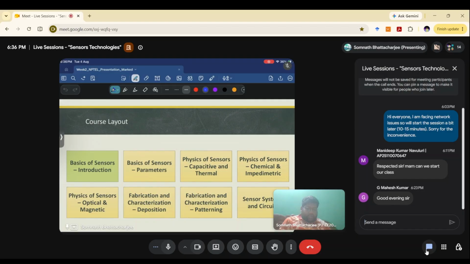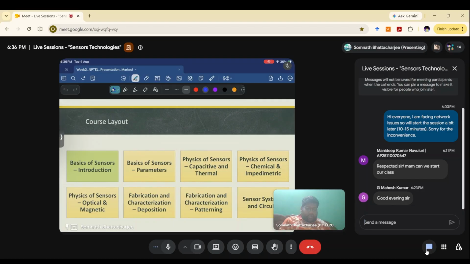And finally we have learned about different material choices of the sensors. And also we have learned about the very preliminary parameters of the sensors. So this was our first class, which was more of an introductory session to this course.